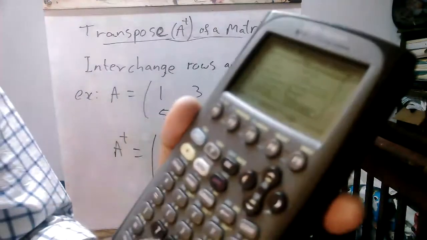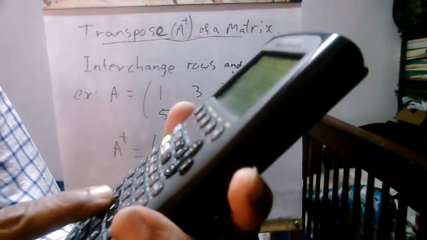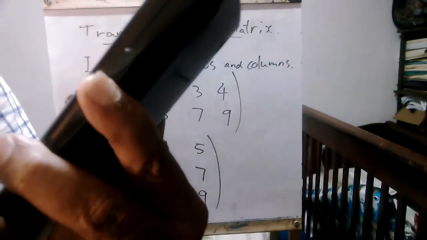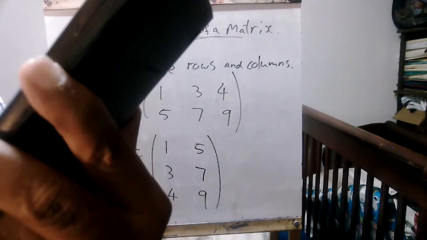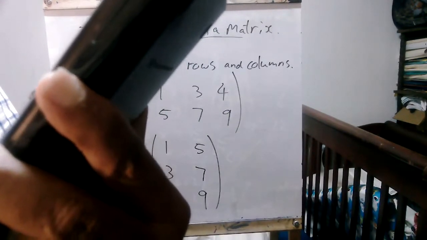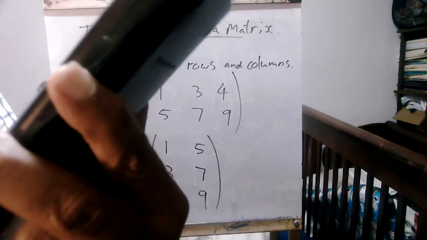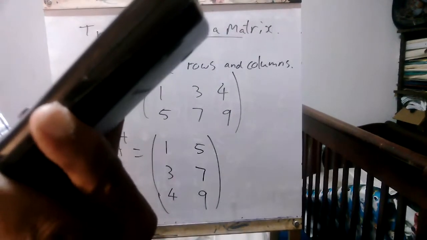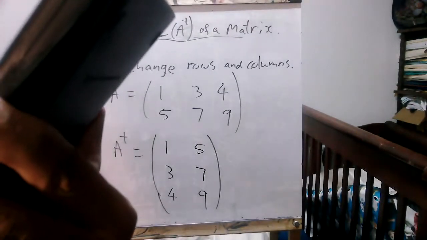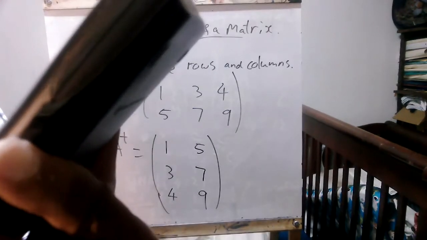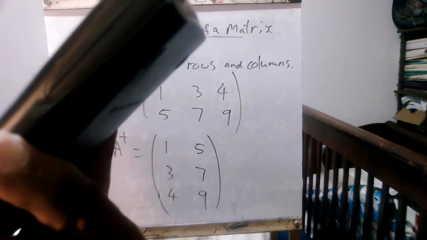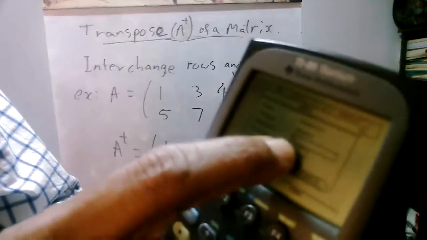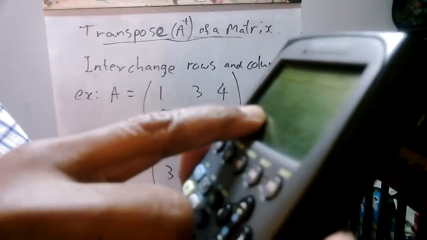Use alpha key and the letter A, B, C, D, E. Alright, I enter E there.